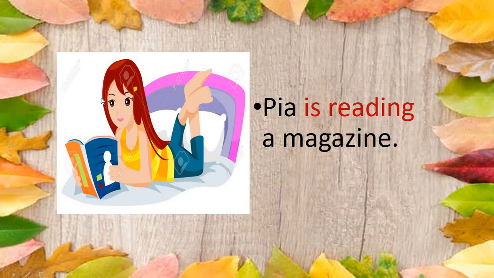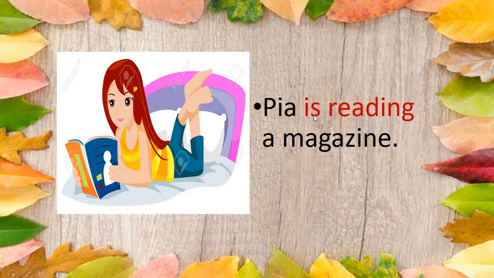The action is going on. It is not over. Understood, children? So Pia is still reading. The action is happening now. She has not closed her book. She is reading.